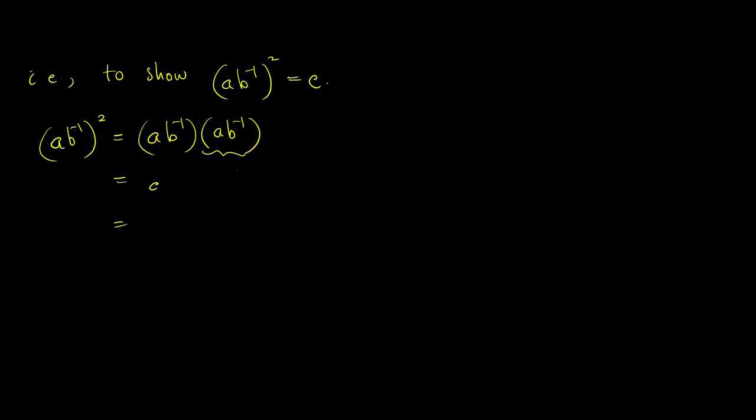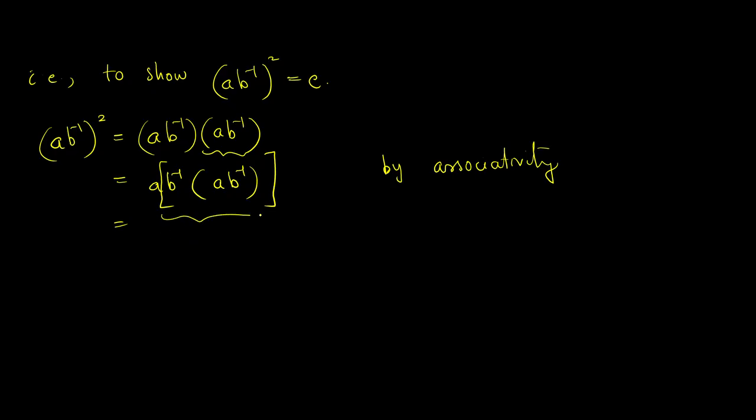We will write this as (A B inverse) into A B inverse, by associativity. Again we apply associativity, so we have A into B inverse A into B inverse. I did not want to skip any step, that's why I'm being pedantic here.